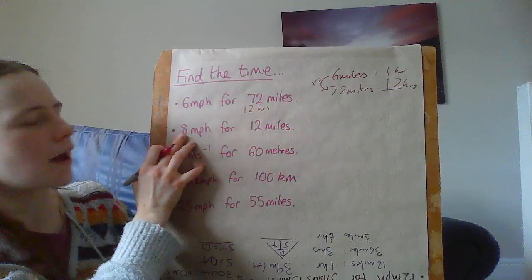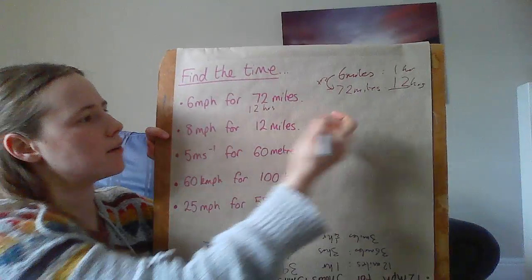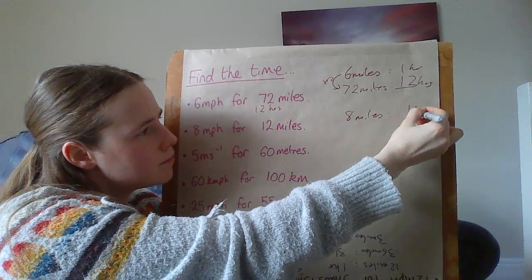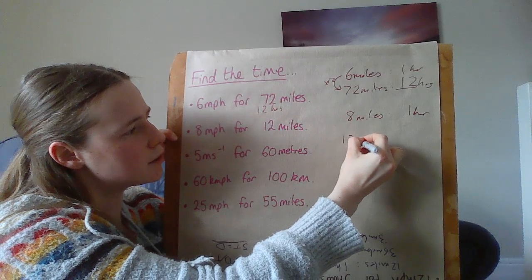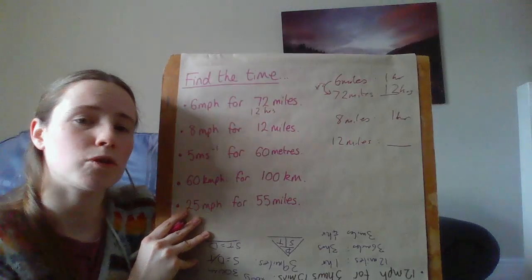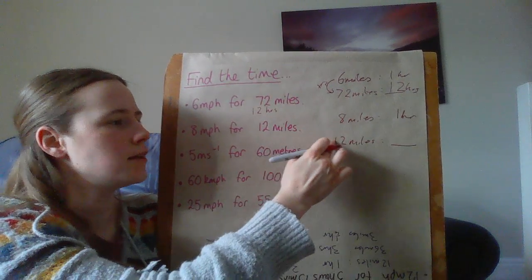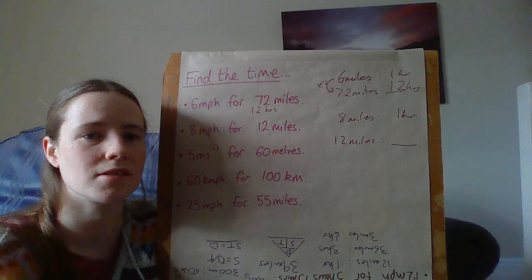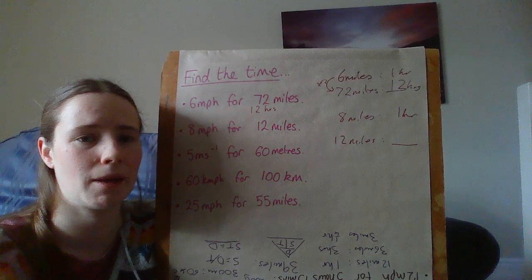Okay, for this one, 8 miles per hour means we're going to get 8 miles in 1 hour. I need to get 12 miles, and I need to find the time. Now, again, you could work out what you have to times by to get up to 12, which is 1.5, or you can think about some other distances you can get that will go together with 8 to make 12.